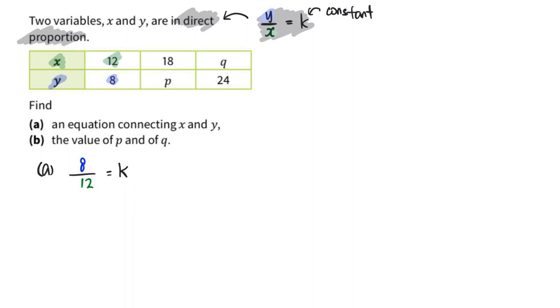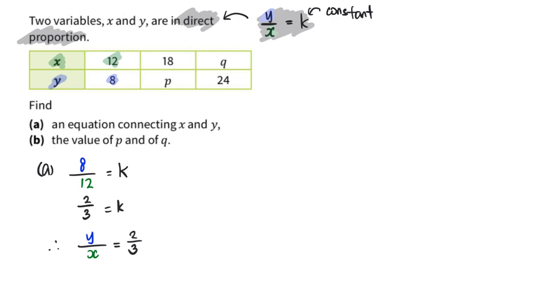And I'm going to write it as a fraction in its simplest form. And that translates to 2 over 3. And therefore, we have the equation already. Y over x is equals to 2 over 3.